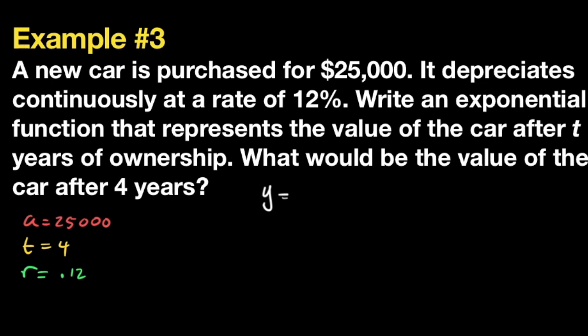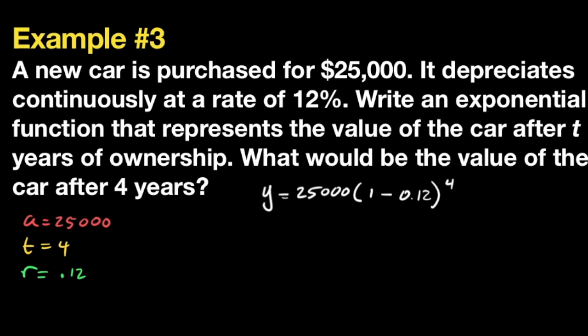When we put it into our formula, we're going to be looking for our y value, what our total is going to be, and we put 25,000 times 1 minus 0.12, and this is going to be over 4 years. And now you just plug that into the calculator.